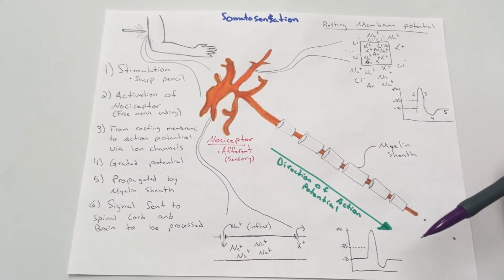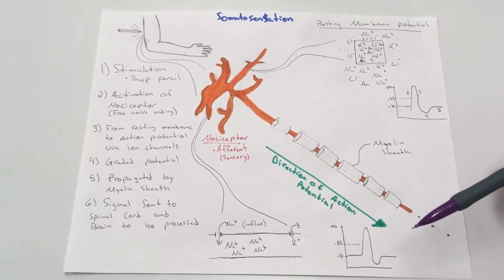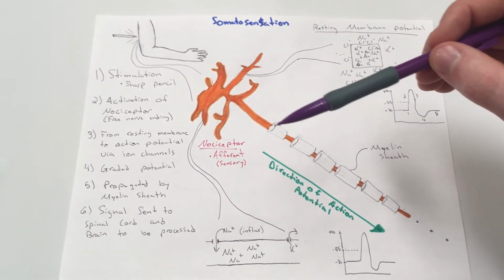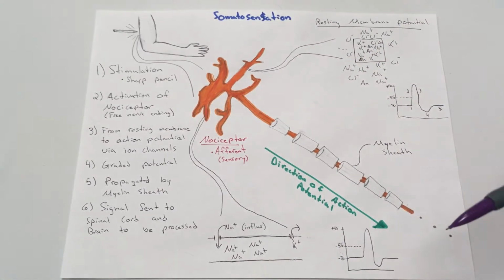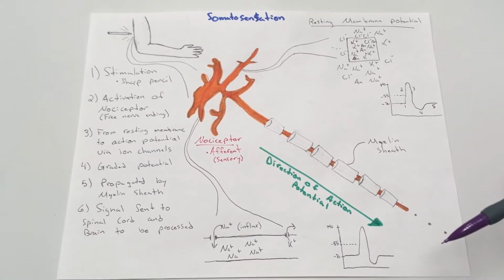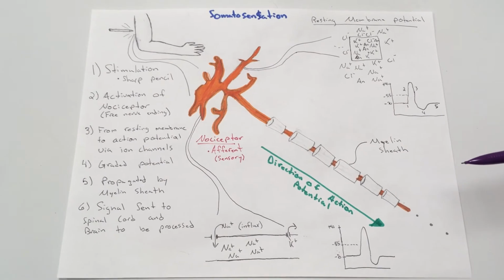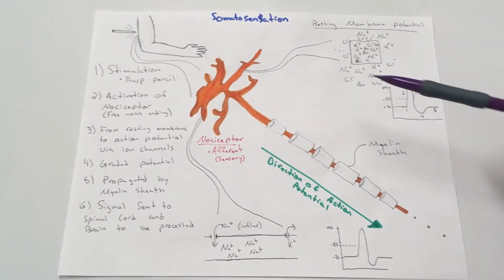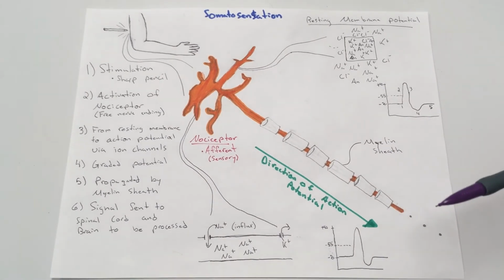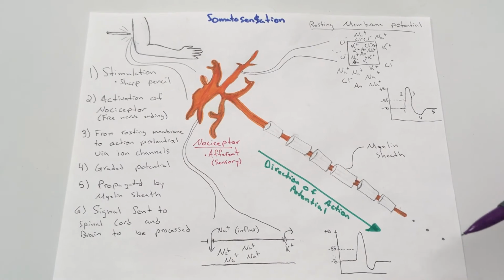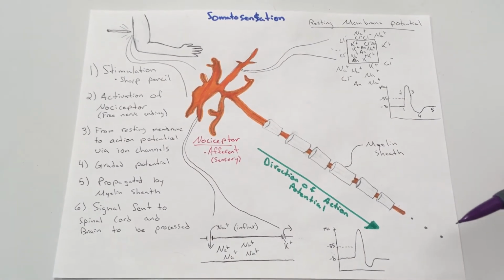The myelin sheath helps insulate the axon and helps propagate this signal, the signal of the action potential being sent down the axon into eventually other nerves and other cells, and then to the spinal cord and brain. But for the purpose of this video, we are just talking about what an action potential is, and the process of sending it to the spinal cord and to the brain will be explained in other videos.